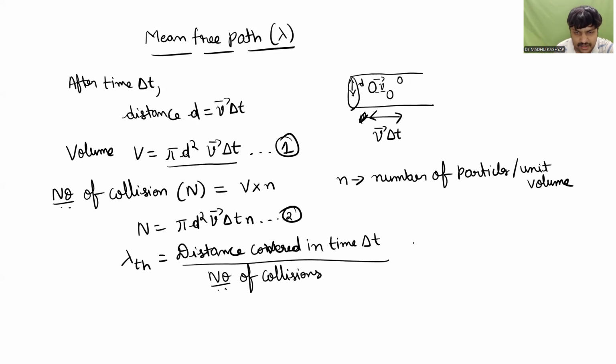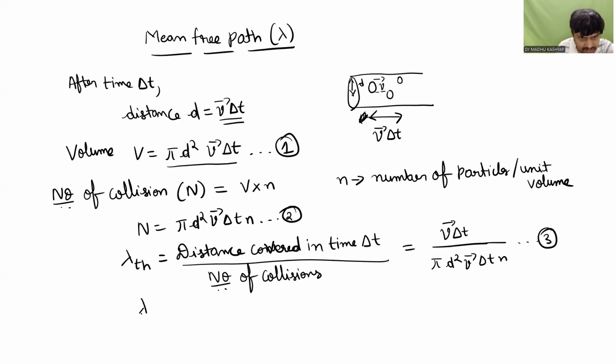Distance is velocity times delta t, divided by the number of collisions, which is pi d squared v delta t times n. Let us call this equation 3.